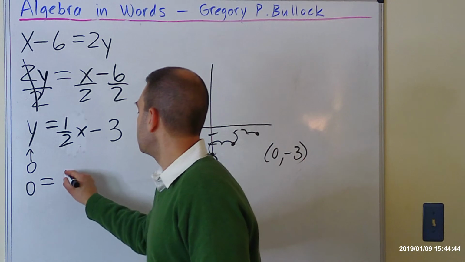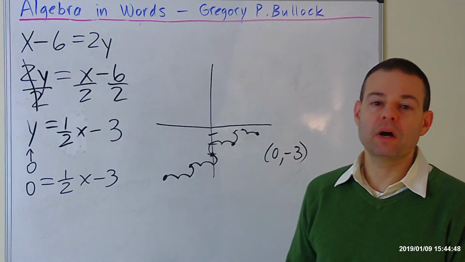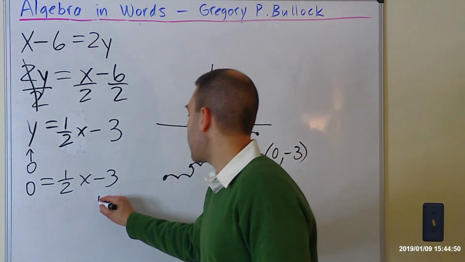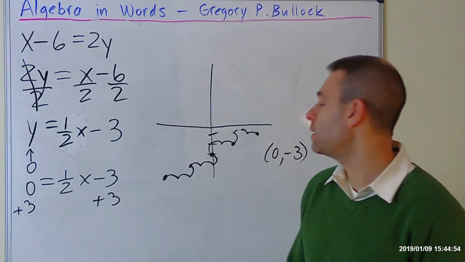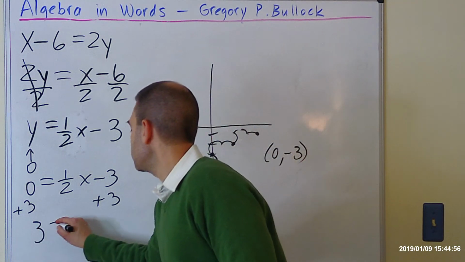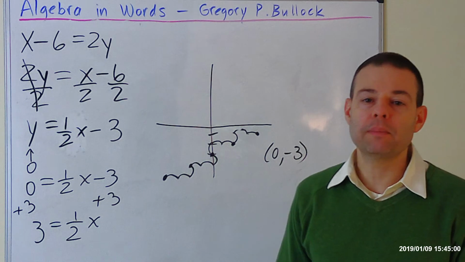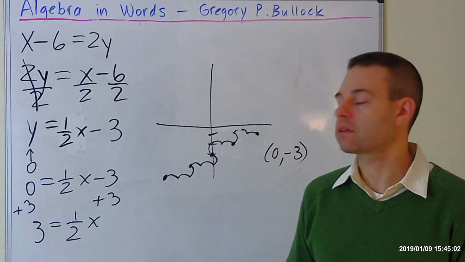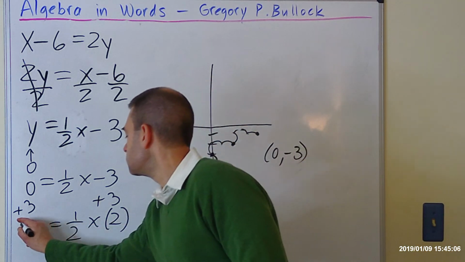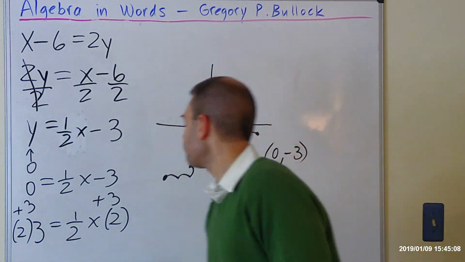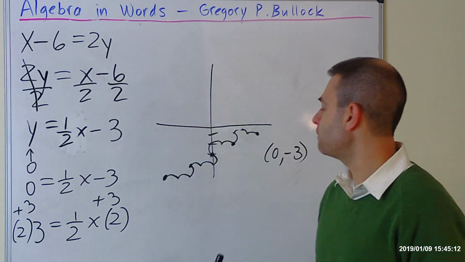0 is equal to 1/2 x minus 3. Okay, isolate the term with the variable, so let's add 3 to both sides to move it to the other side. 3 is equal to 1/2 x. And now let's multiply both sides by the reciprocal of the number in front of x. That would be 2. 1/2 times 2 eliminates the coefficient 1/2, leaving x.